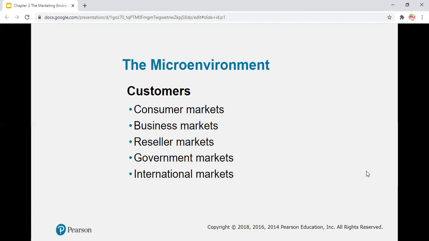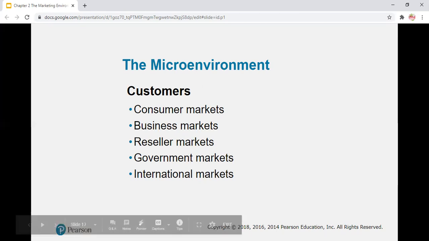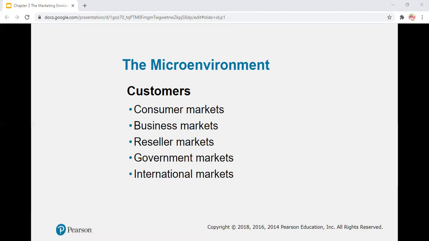Okay, let's move on now to customers. So customers, here we have, as we said, five types of customers. We have first the consumer markets. Consumer markets consist of individuals. Anybody who is an individual is considered part of the consumer markets.